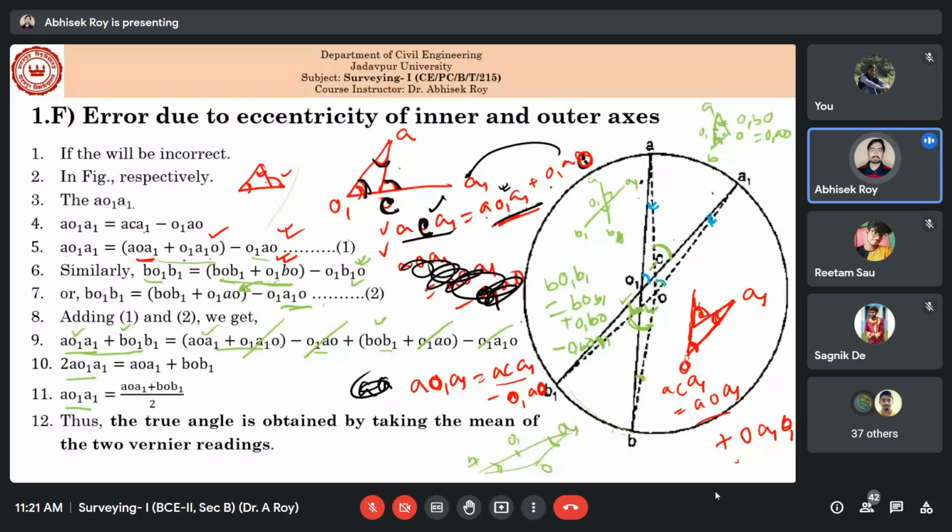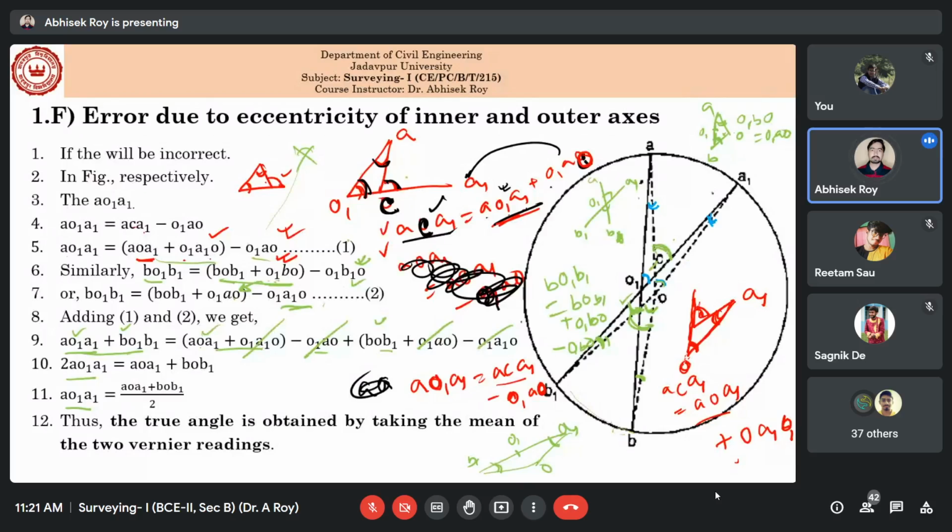Only one thing is used here: the external angle is the summation of the two internal angles of a triangle, and also equal and opposite angles are the same. Only these two things are used. So obviously this is a very easy derivation. You can go through this.